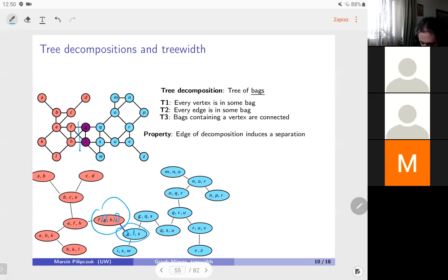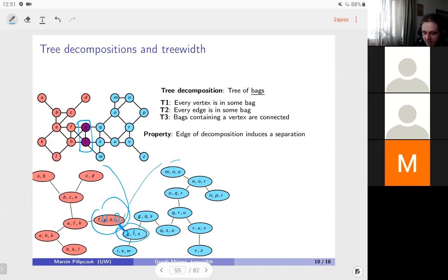Now this edge of the tree decomposition splits the tree decomposition into 2 parts, the red part and the blue part. There are vertices that appear in the red part, and vertices that appear in the blue part, and the violet ones are the vertices that appear both on the left and on the right, in the intersection up there.